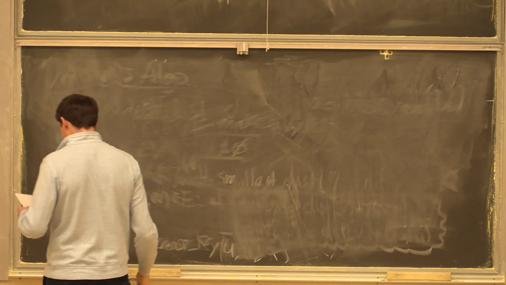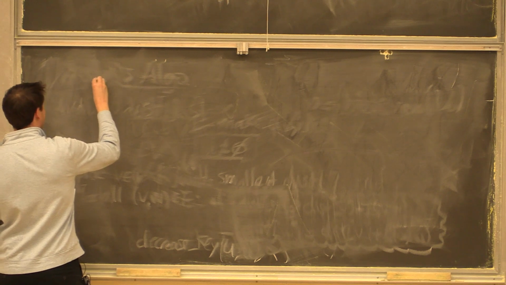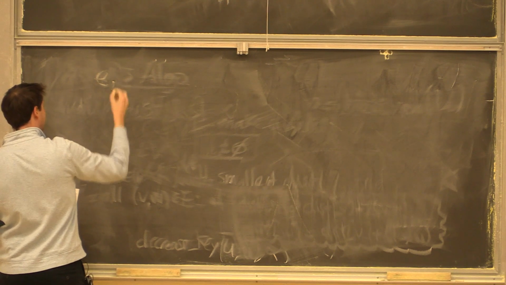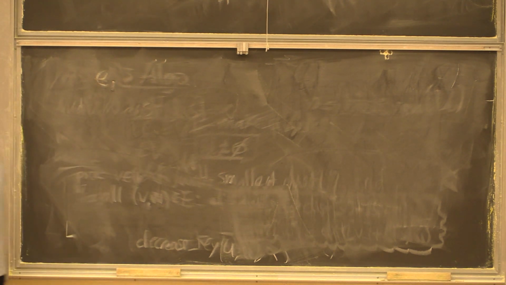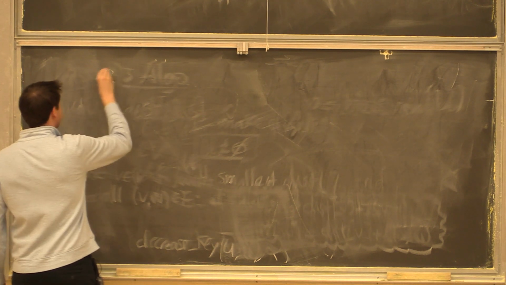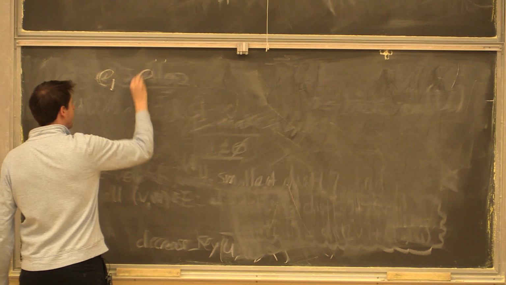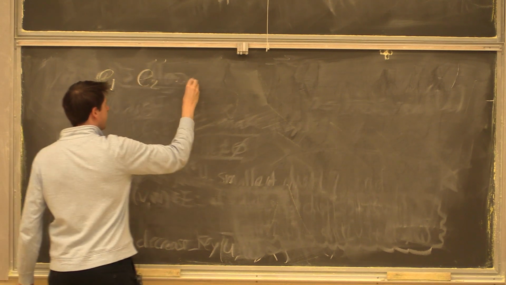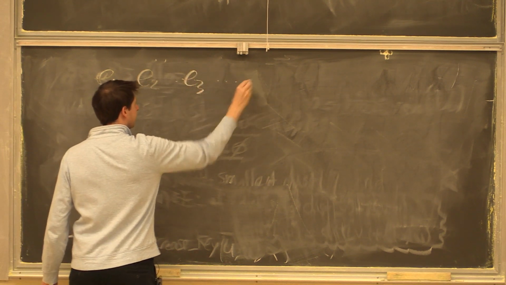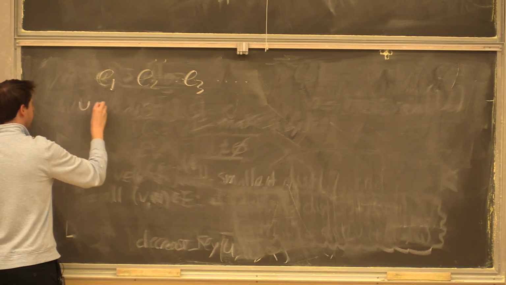So the picture you should have in mind is that you write out in a sort of imaginary table all of the edges, and you say, okay, update.